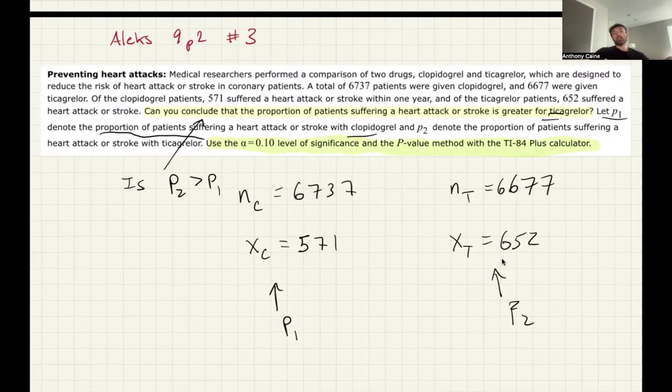I suspect for this class and for everything you'd see in Alex, we're always going to phrase this question looking at P1 minus P2. So to create P1 minus P2, I have to subtract P2 from both sides. On the left, we're saying that 0 is bigger than P1 minus P2, which looks a little better if I flip it around.